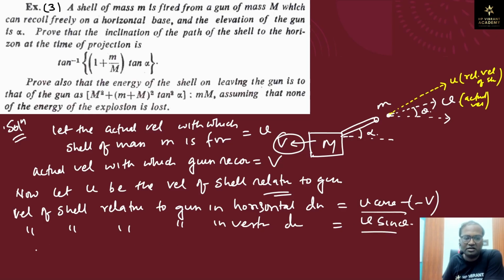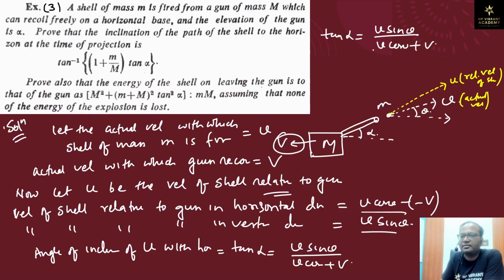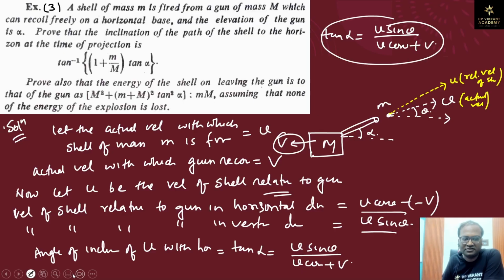So the inclination of u with horizontal is tan alpha is equal to small v sin theta upon small v cos theta plus capital V. Let us further simplify this.